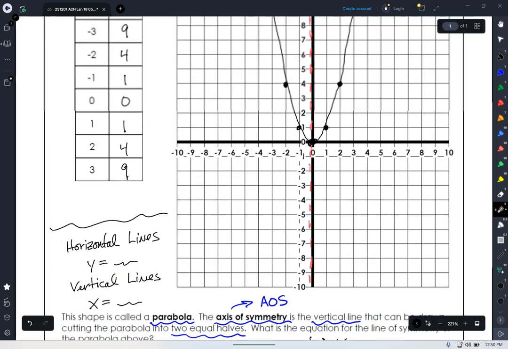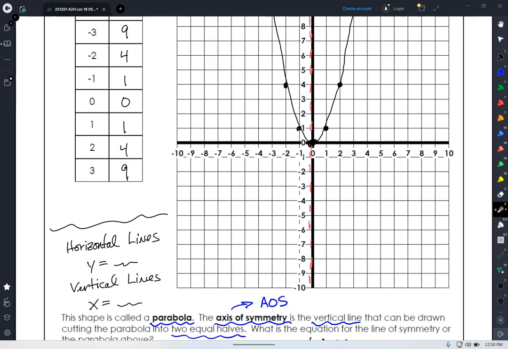Okay? Now, I'm going to highlight this right here because you're going to hear me refer to this often. And I'm going to refer to this as the parent function pattern. The parent function pattern.